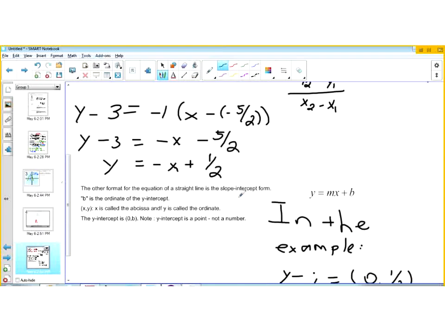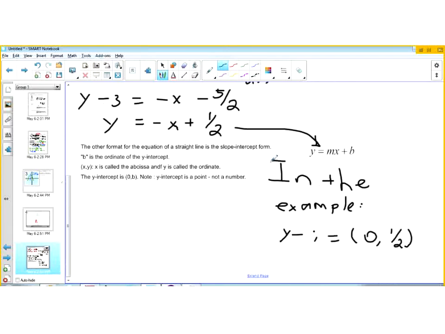Although we used point slope to calculate the equation of the line, when we finished simplifying it, it turned out to be in the same format as the y-intercept. So we got lucky with that one. Okay. All right, what next?